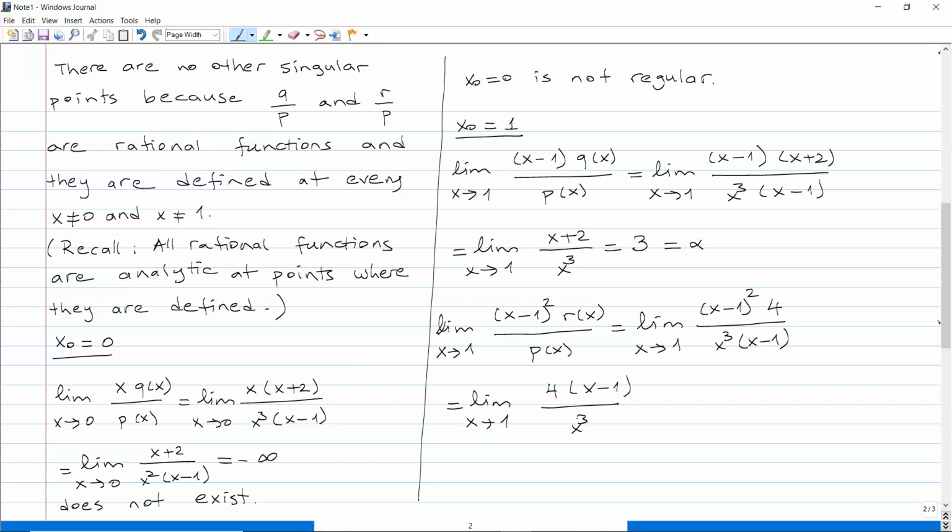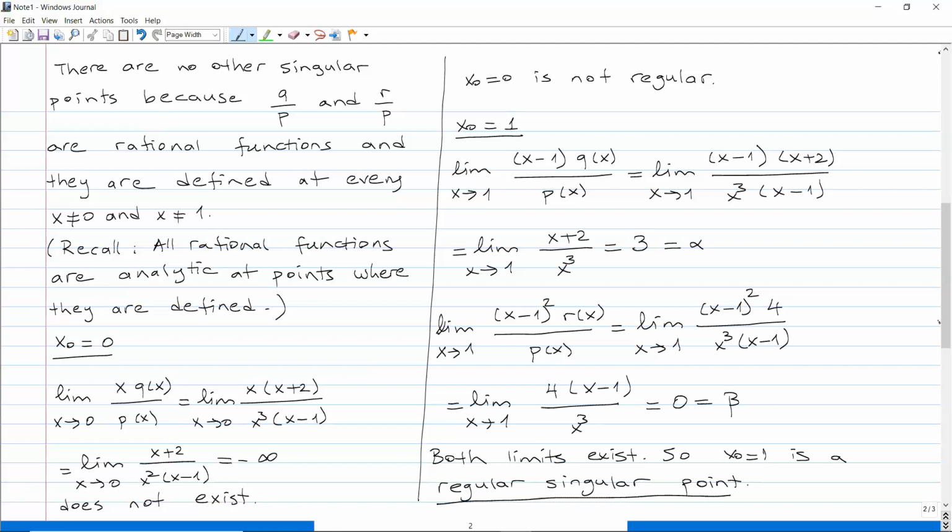As x goes to 1, this limit is 0. So this is our number beta. Both limits exist. So x0 equals 1 is a regular singular point. Okay, so 0 is not regular, but 1 is regular for this differential equation.